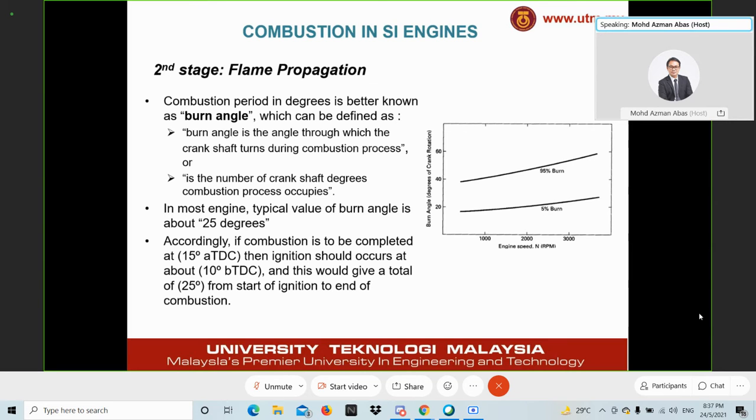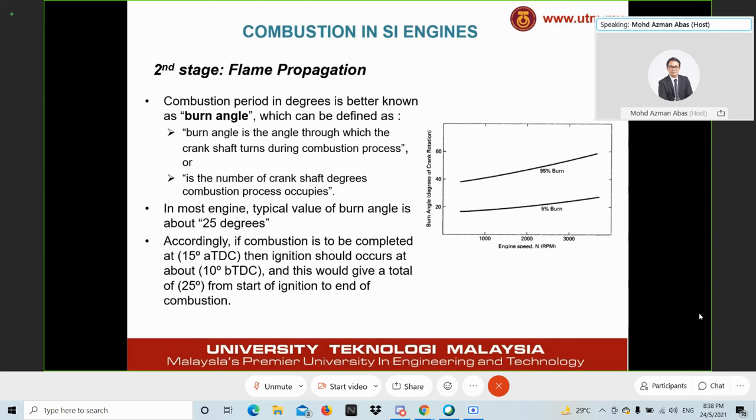Accordingly, if combustion is to be completed at 15 degrees after TDC, then ignition should occur about 10 degrees before TDC. So between 10 before and 15 after, that would be your burn angle.